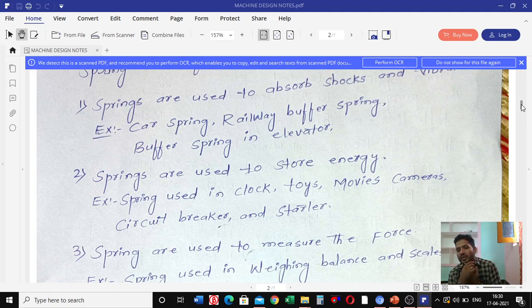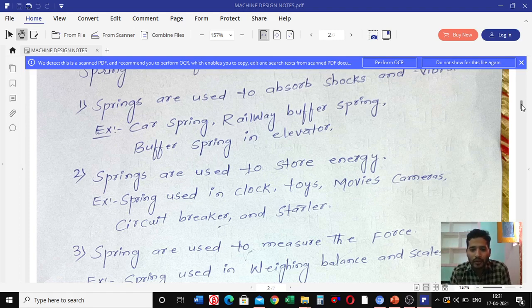Such springs are mainly used in movie cameras as well as sensor cameras, as well as in circuit breakers, and we are using them in the starter. If you start the motor, we are using springs in it.